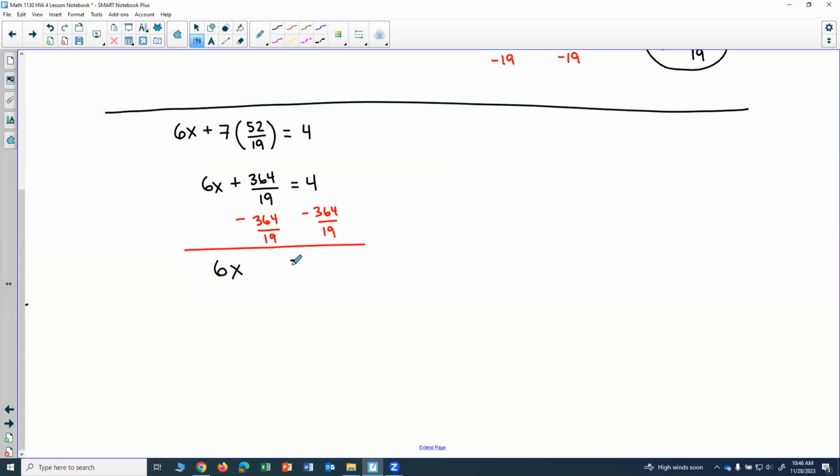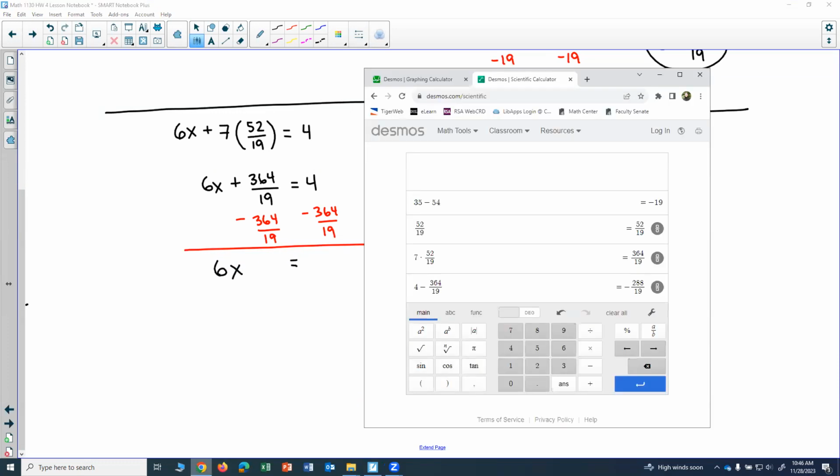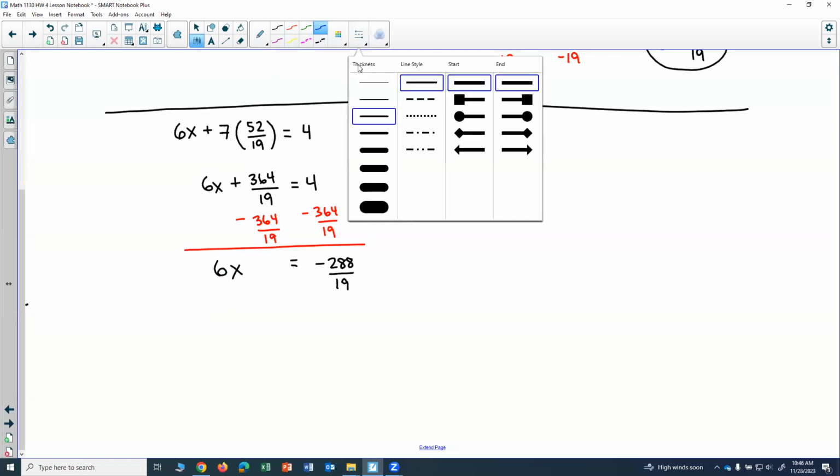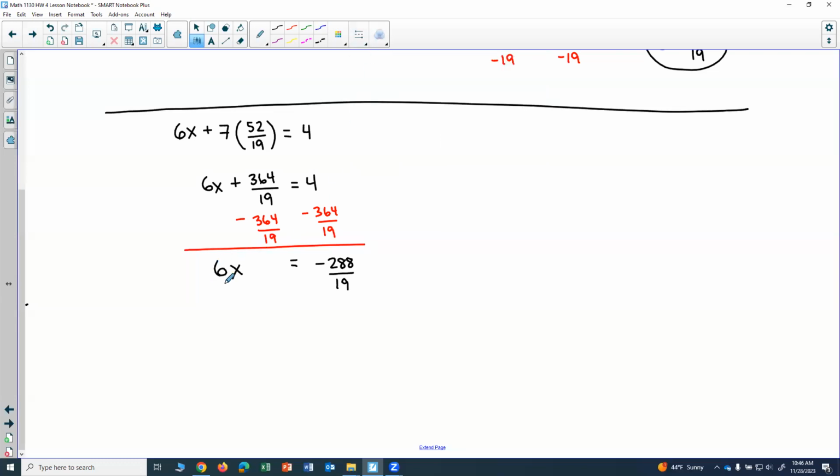6x equals, and we had negative 288 over 19. And then I'm just going to take both sides and divide by 6. So I'll have this side divided by 6 and this side divided by 6.